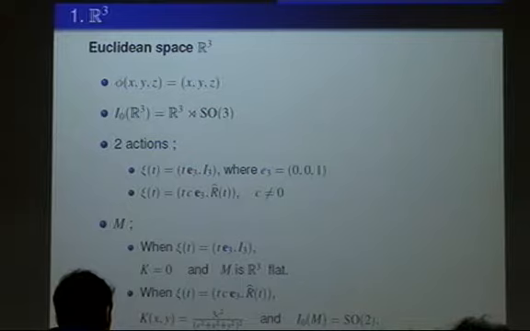If you see this curvature function, you can guess this orbit surface will have the symmetry of SO2, even though this is not a necessary and sufficient condition. If you see this part, K is rotationally symmetric.